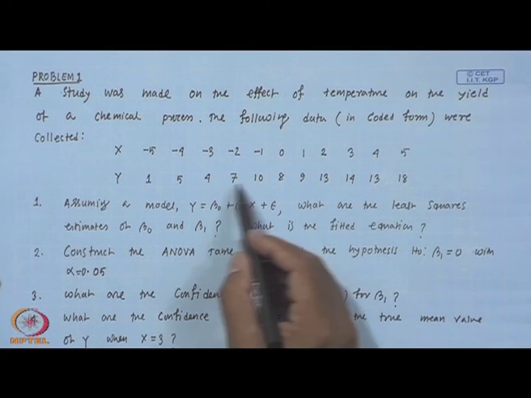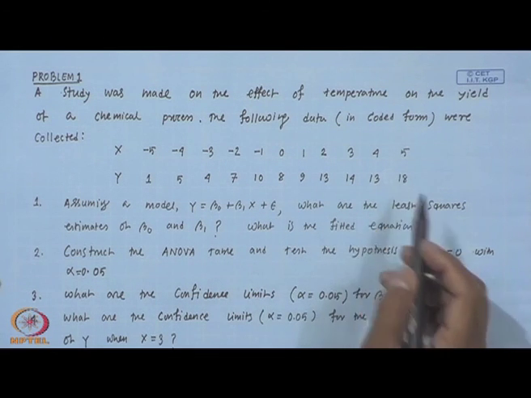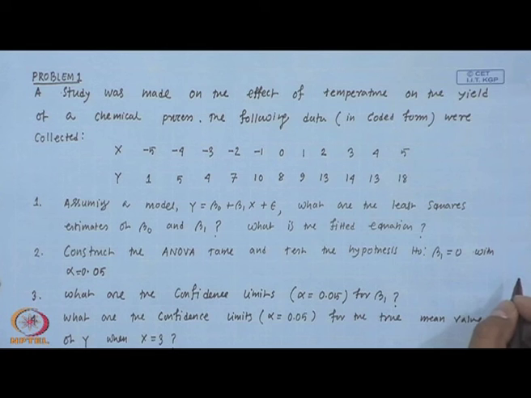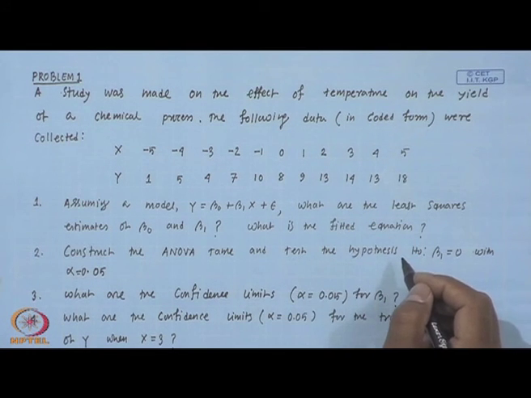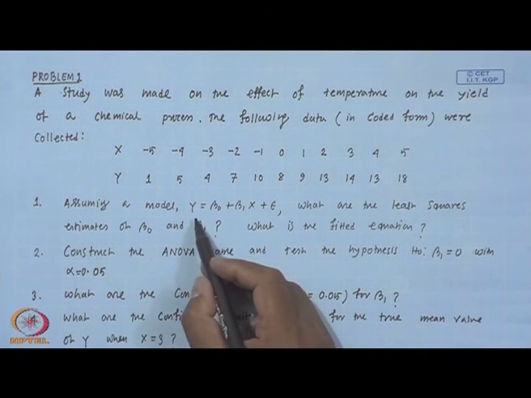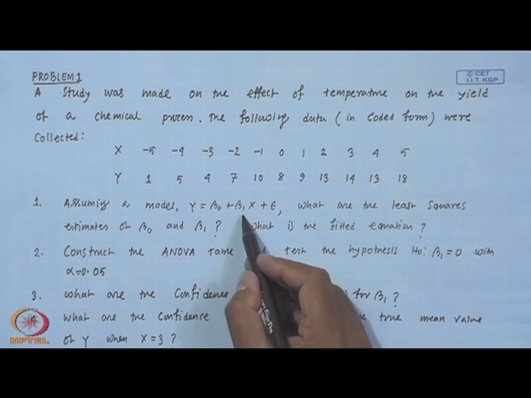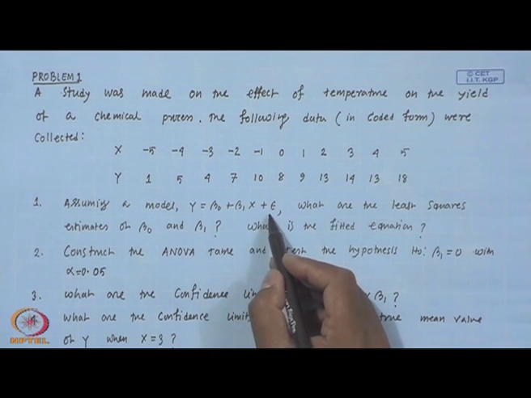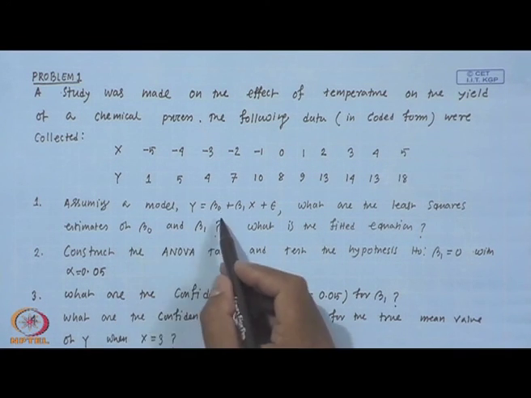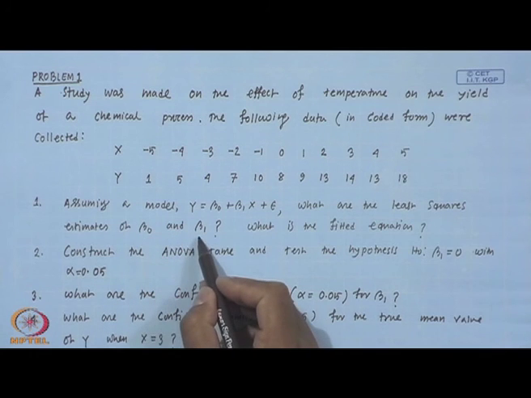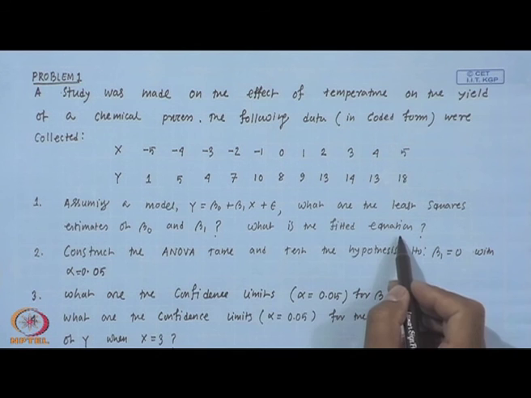So, we are given 11 observations here. The first question is quite straightforward. Assuming a model like y equal to beta naught plus beta 1 x plus epsilon, what are the least square estimates of the regression coefficients beta naught and beta 1, and what is the fitted equation?